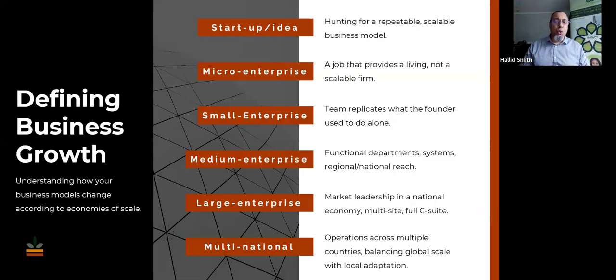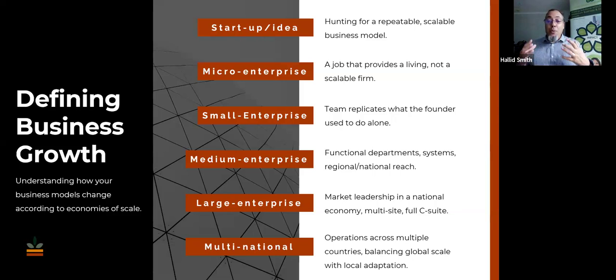Also, as a small medium enterprise, your major advantage over a bigger large corporate company is your ability to pivot and change, right? And that is important, because when you look at where we are right now in our country, we're in a little bit of a recession. Yes, we're in a recession.